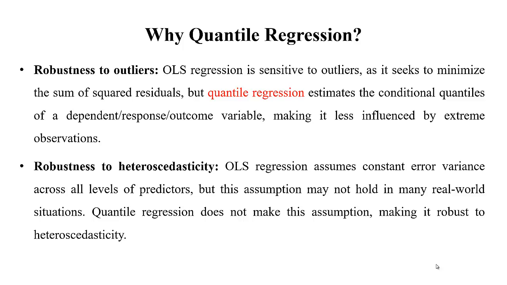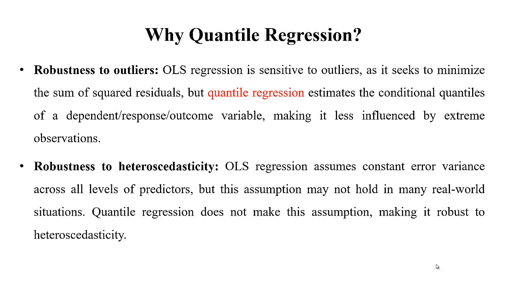But quantile regression estimates the conditional quantiles of a dependent variable. As a result of this, it's able to capture the spread of the observations, and this makes it less influenced by extreme observations.